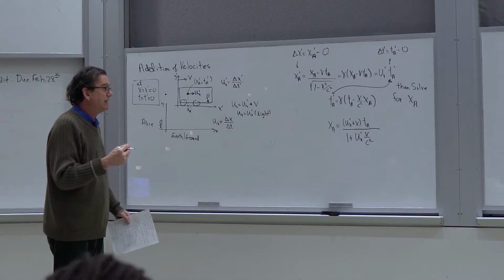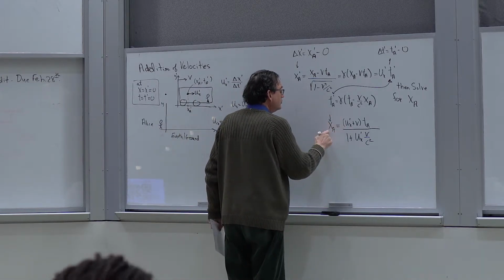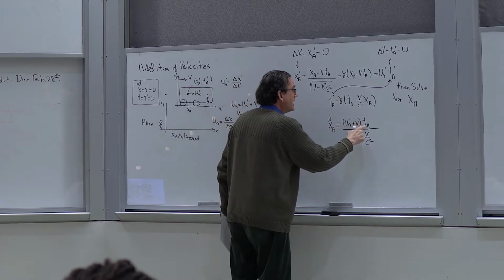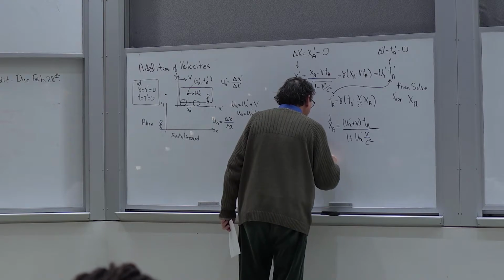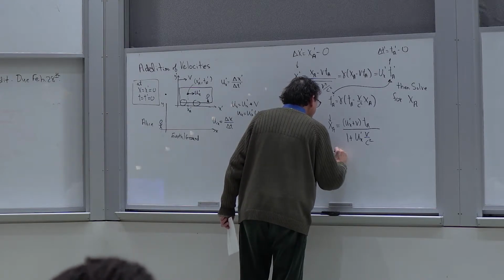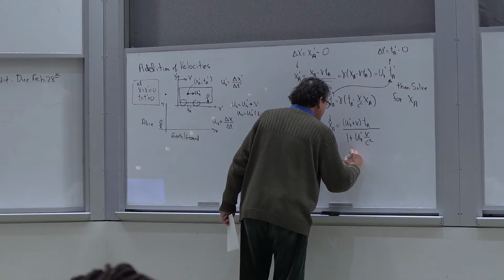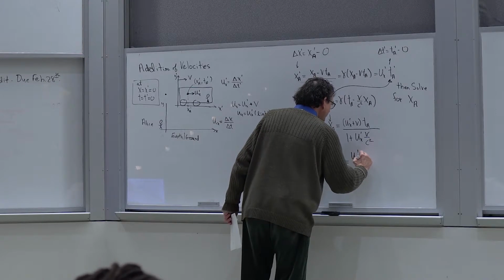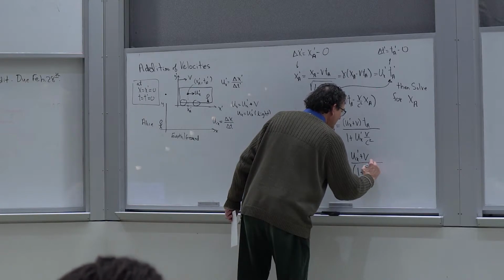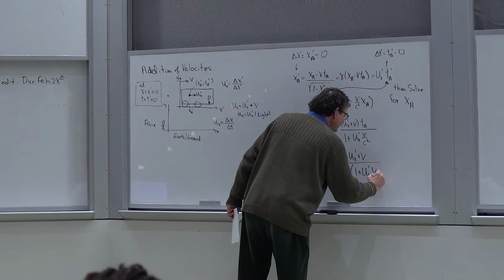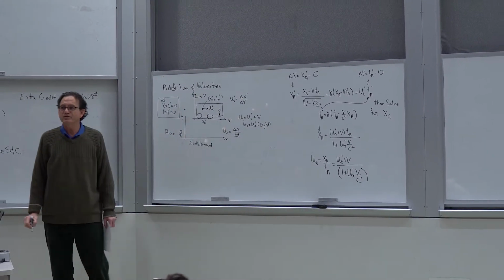Now, if I recognize that this is the distance that the particle moved in the prime system, and this is the time over which it moved that distance, then I know that in Alice's frame, she measures a velocity u sub x equal to xa divided by t sub a, which is just equal to ux prime plus v divided by 1 plus ux prime times v over c squared. And that's my velocity transformation.